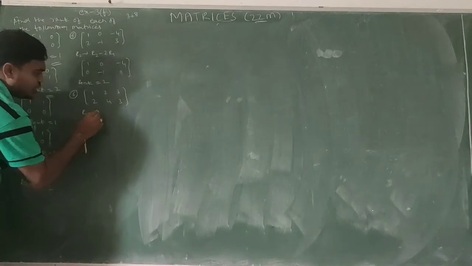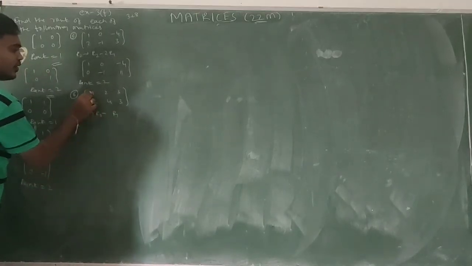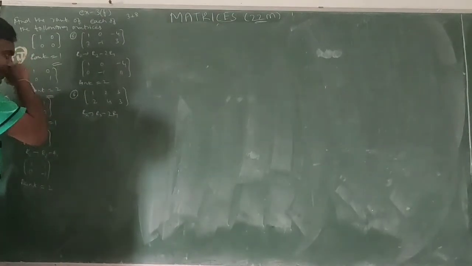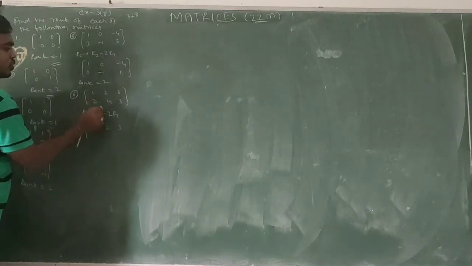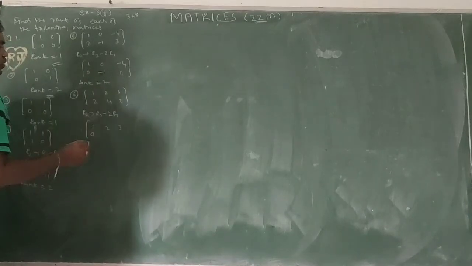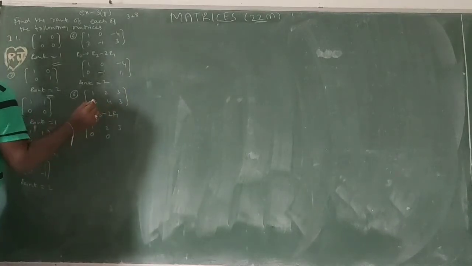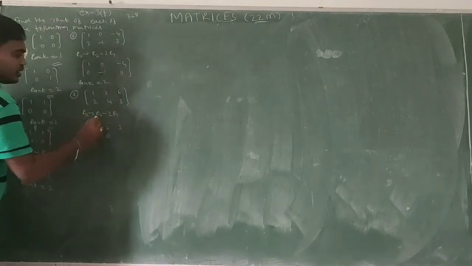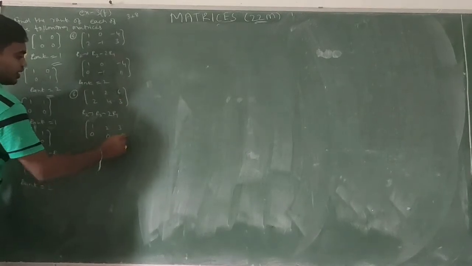R2 changes to R2 minus 2 into R1. So 2 minus 2 into 1 is 0, 4 minus 2 into 2 is 0, and 3 minus 2 into 6 is 3 minus 12, which is minus 9.